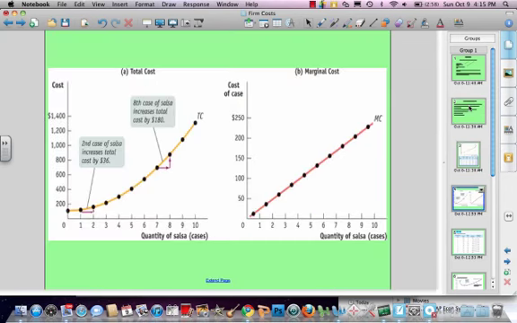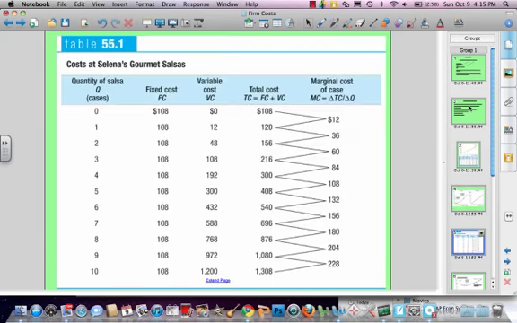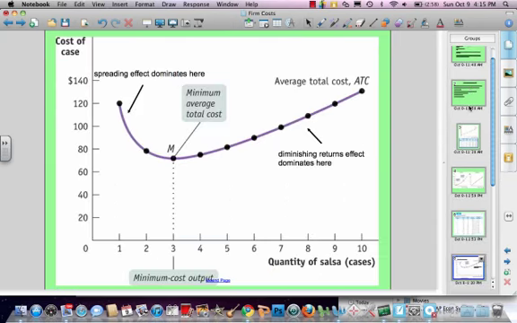against the marginal cost curve, numbers that go into the total cost curve and the marginal cost curve, why the average total cost curve goes down in the early units of production, hits the minimum cost output point, and then increases or slopes up as we get higher in output.